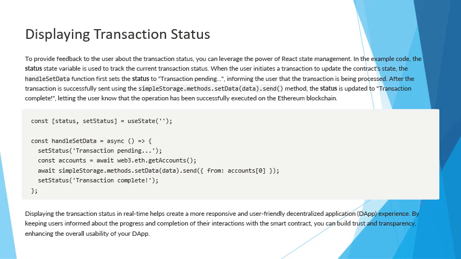After the transaction is successfully sent using the simpleStorage method, the status is updated to transaction complete, letting the users know that the operation has been successfully executed on the Ethereum blockchain. Displaying this transaction status in real time helps create a more responsive and user-friendly DApp experience.